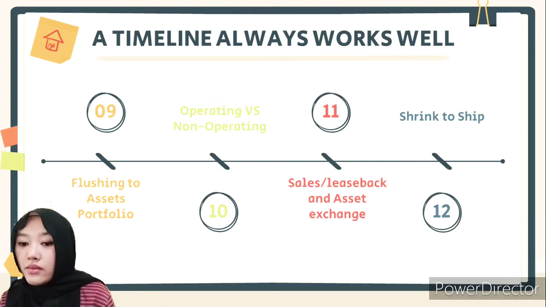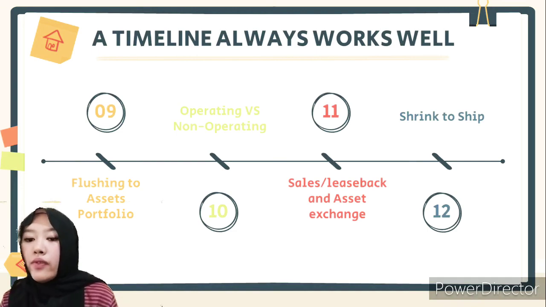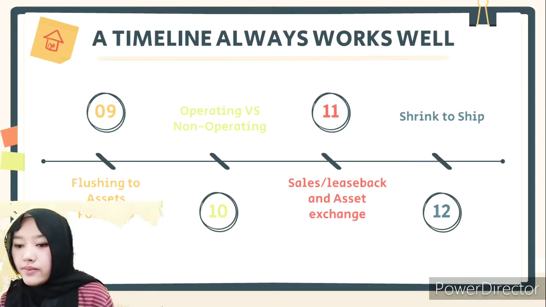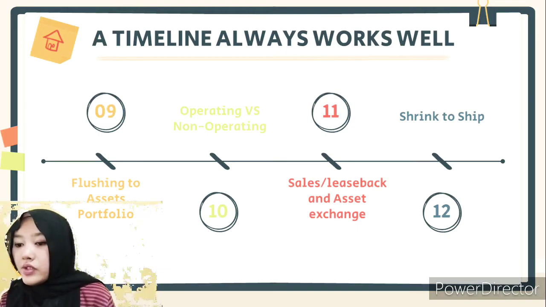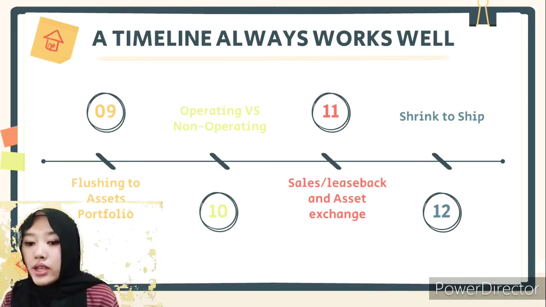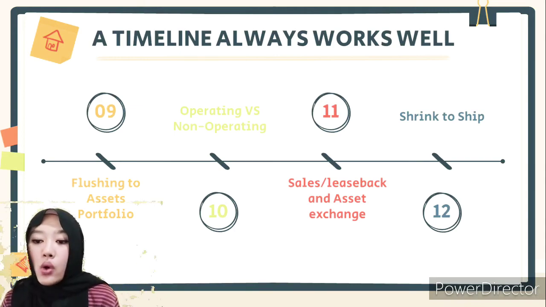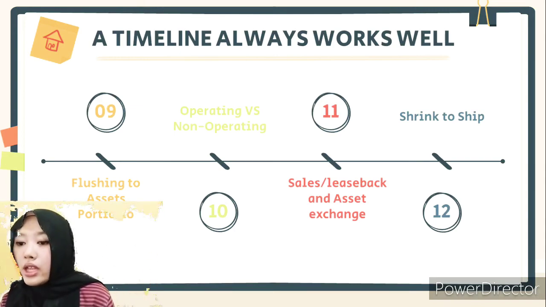And the next one is the sales leaseback and asset exchange. It involves the management decision in outright sales of assets to get more revenue in a certain period, sell and leaseback of the same asset to get some revenue, and exchange of similar productive assets without recognition of any gain or loss.